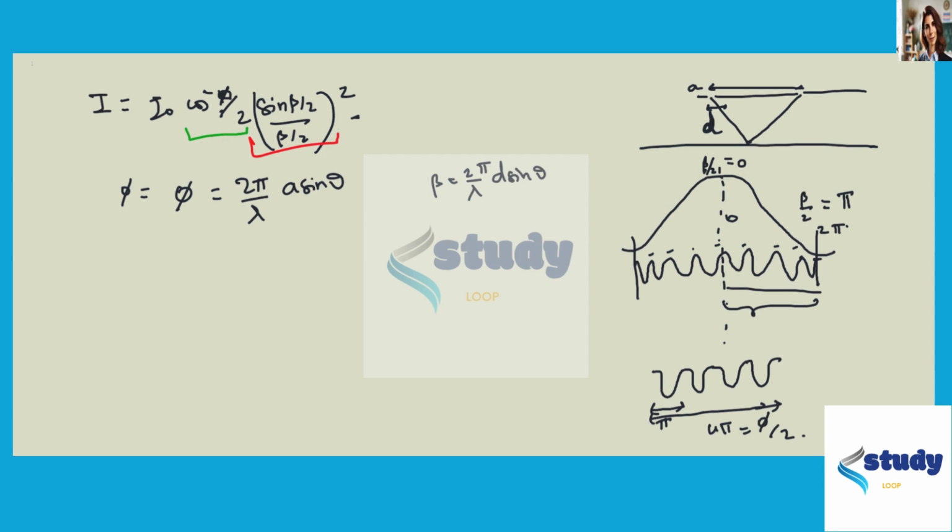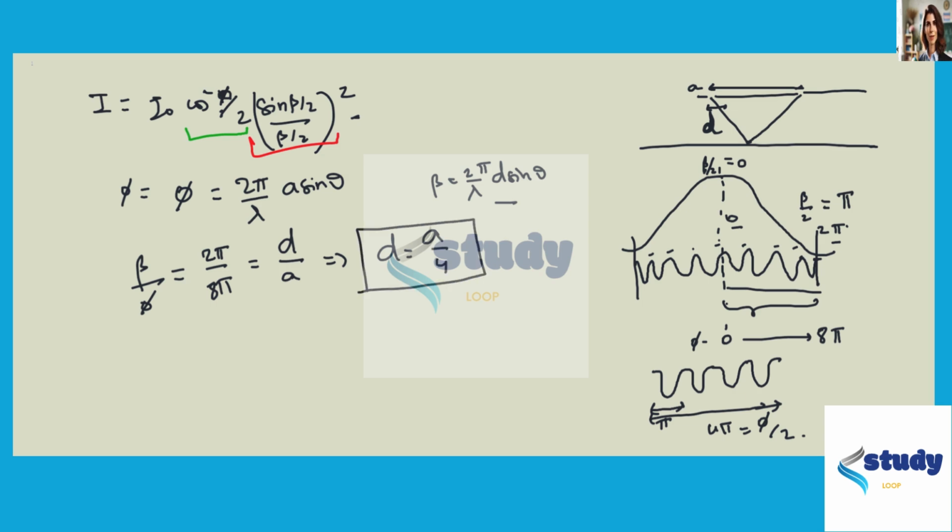So phi goes from 0 to 8 pi within this interval, when beta goes from 0 to 2 pi. So beta by phi is 2 pi by 8 pi. And we know that beta is 2 pi d sine theta by lambda, and phi is 2 pi a sine theta by lambda, giving us d by a, which gives us d is equal to a by 4.